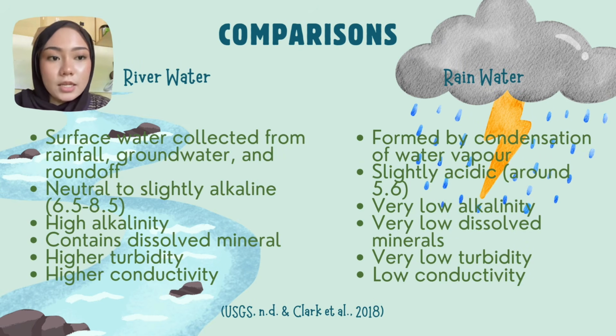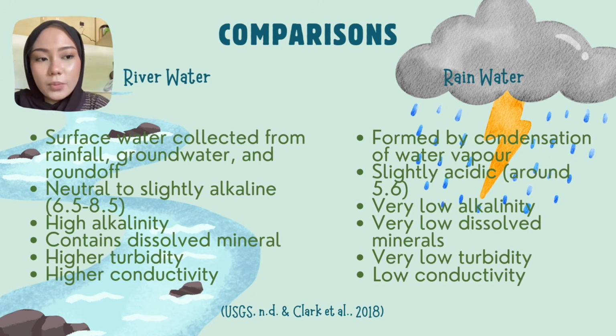It is slightly acidic with a pH around 5.6 because it absorbs carbon dioxide from the atmosphere. Rainwater contains very few dissolved minerals, so it has low alkalinity, low turbidity, and low conductivity. Overall, river water has a greater buffering capacity than rainwater due to its higher alkalinity.